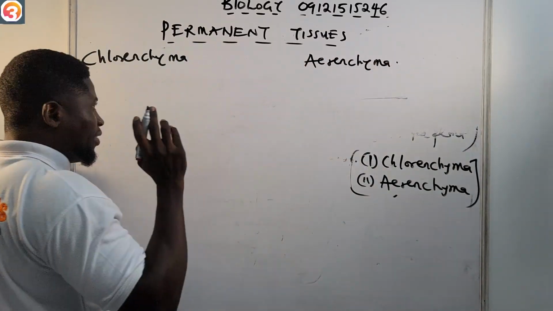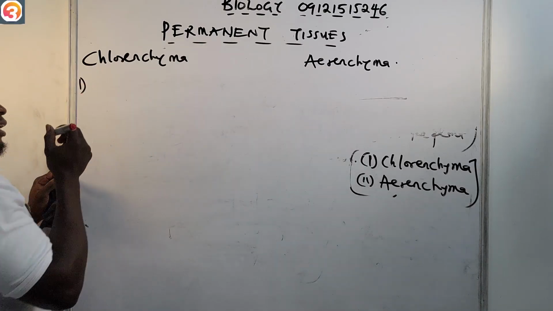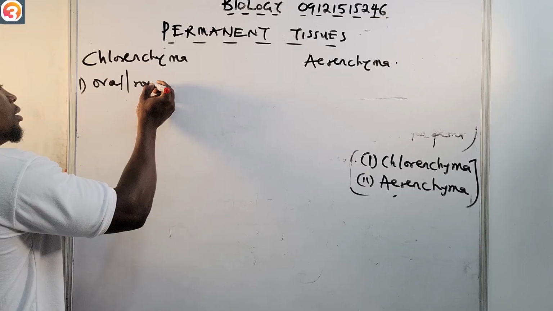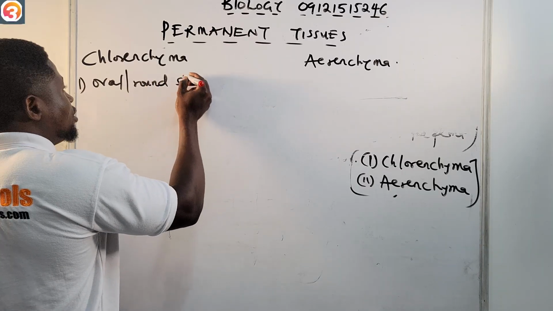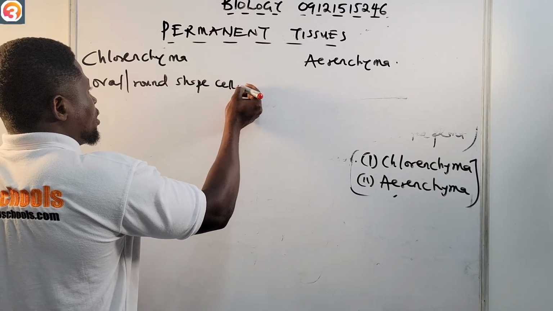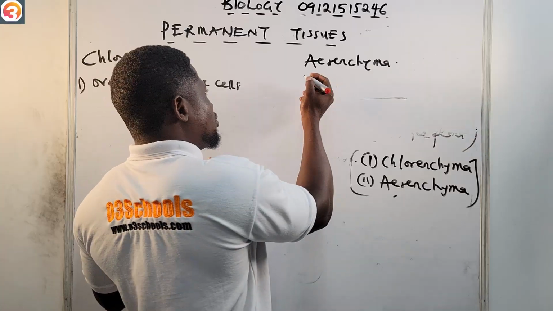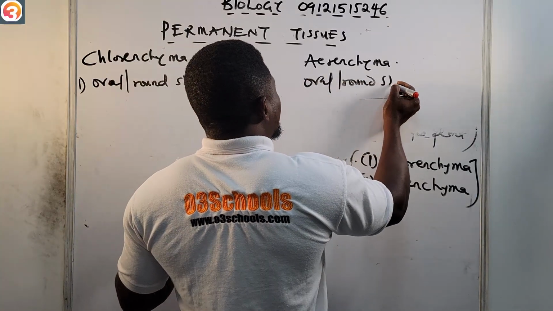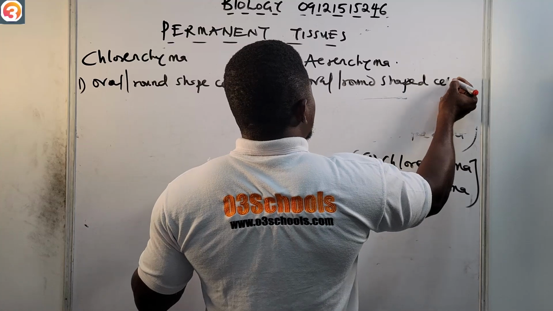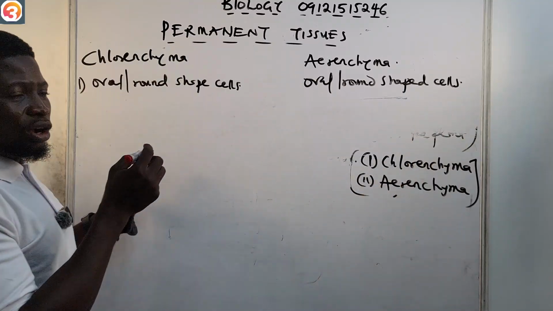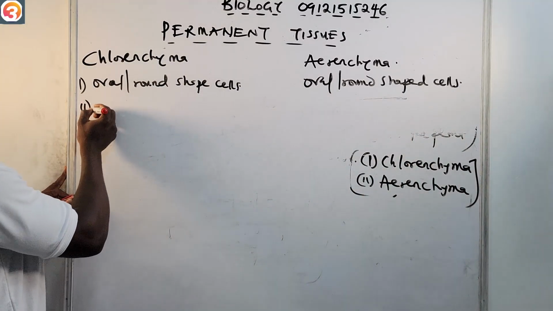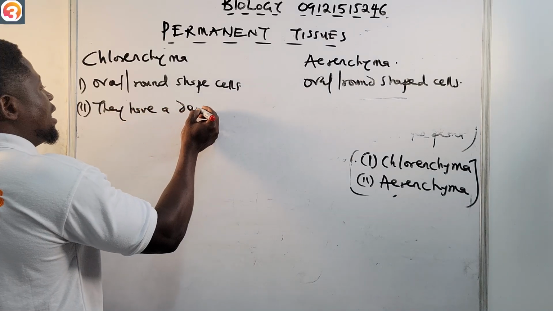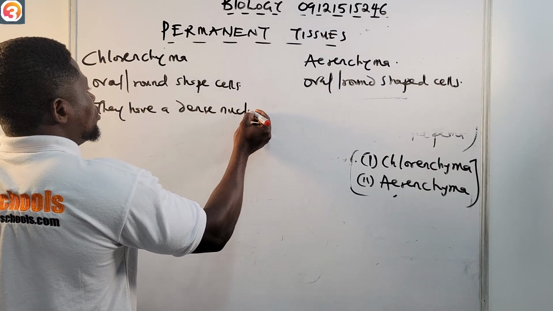First of all, characteristics of Collenchyma: one, they are oval or round shaped cells, and so also is the Parenchyma. They are oval and round shaped cells. Now also they have a dense nucleus.